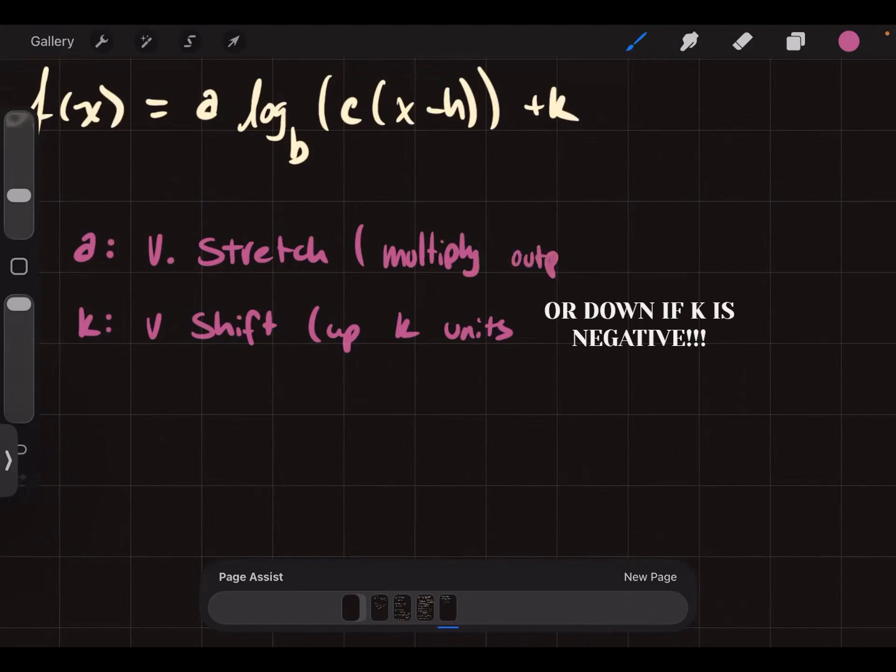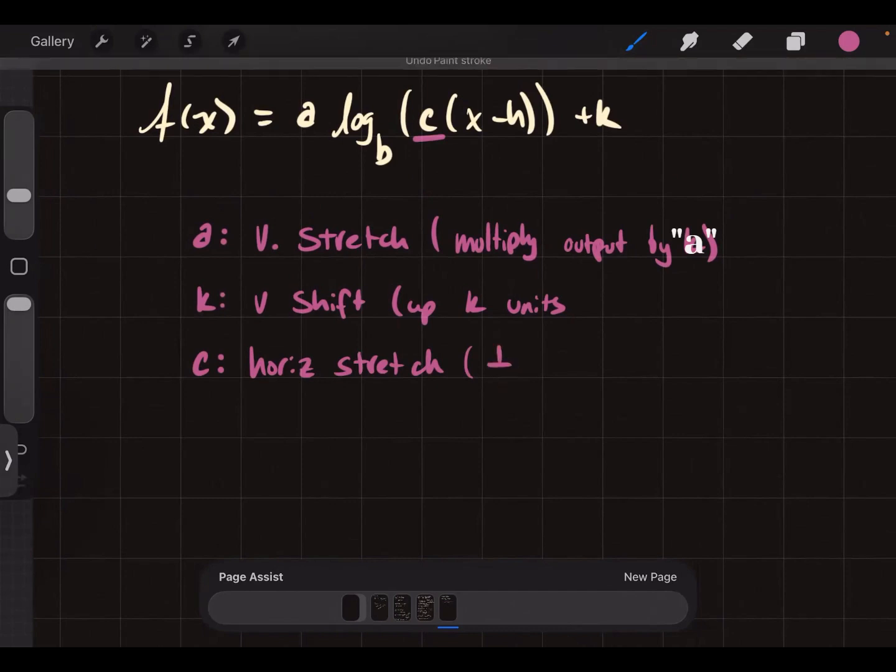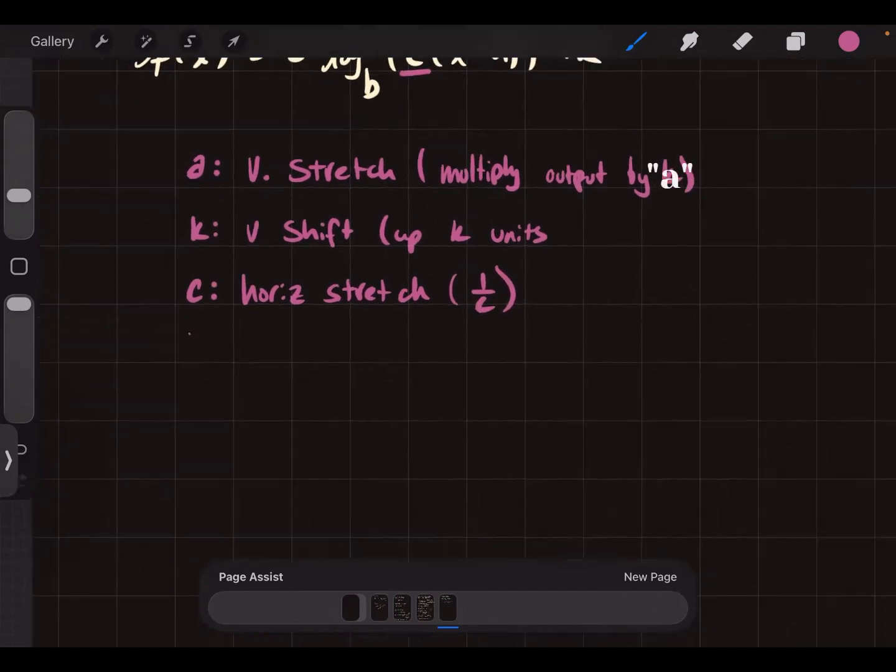C is going to be your horizontal stretch or shrink by a factor of 1 over c. And h is going to be your horizontal shift by h units.